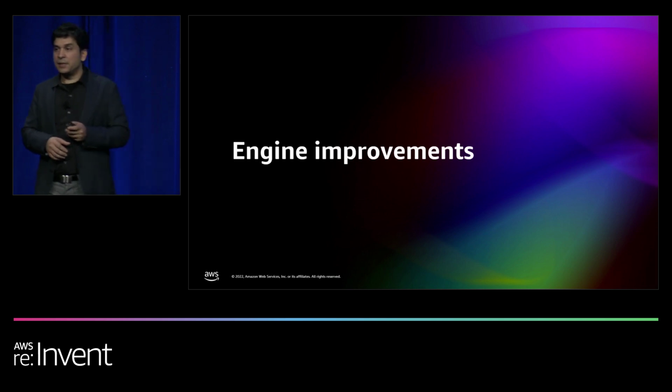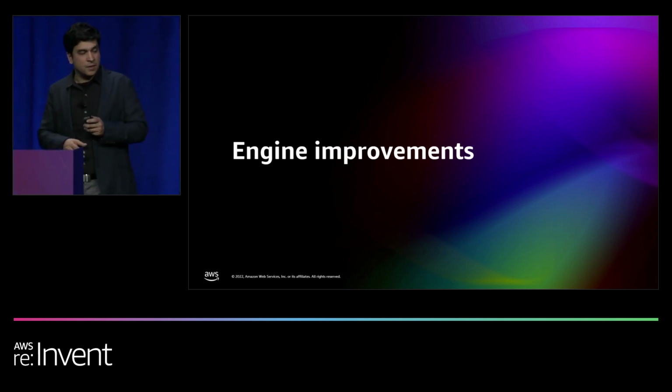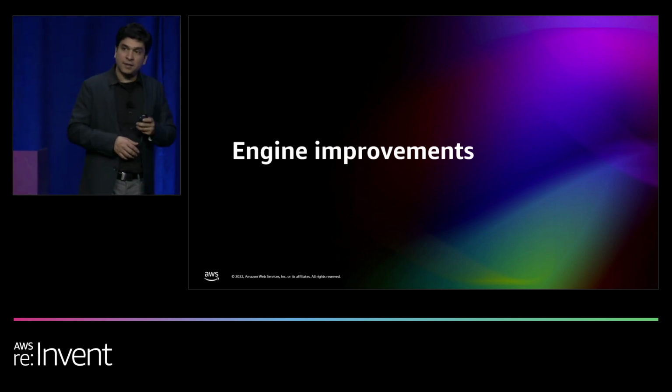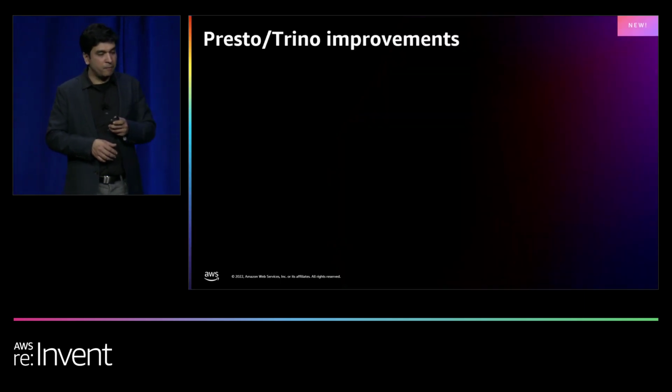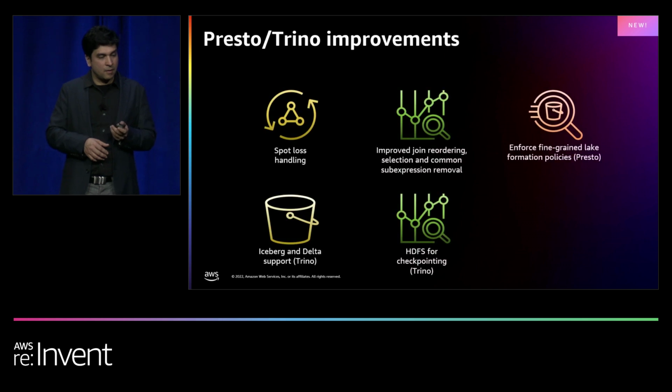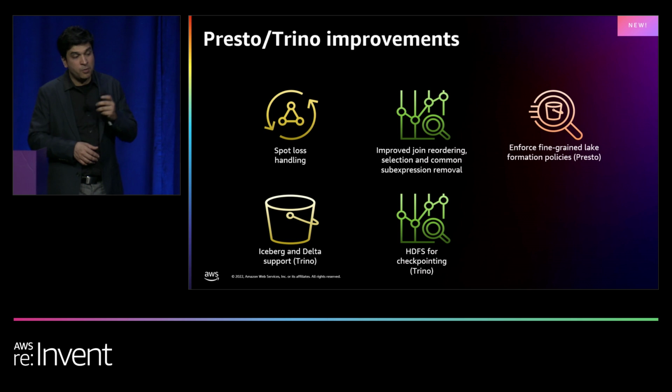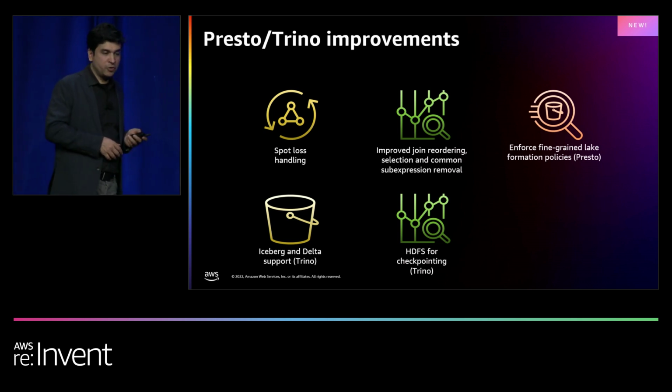So let's look deeper into some of the engine improvements, some of which led to this performance improvement as well. Let's look at Presto and Trino first. What we have added is spot loss handling to Presto and Trino.